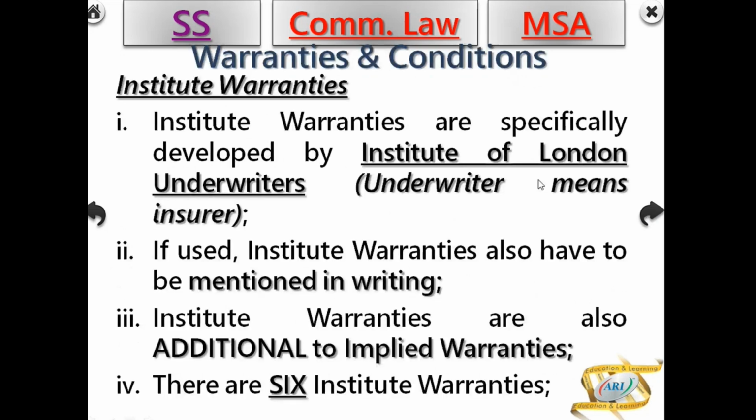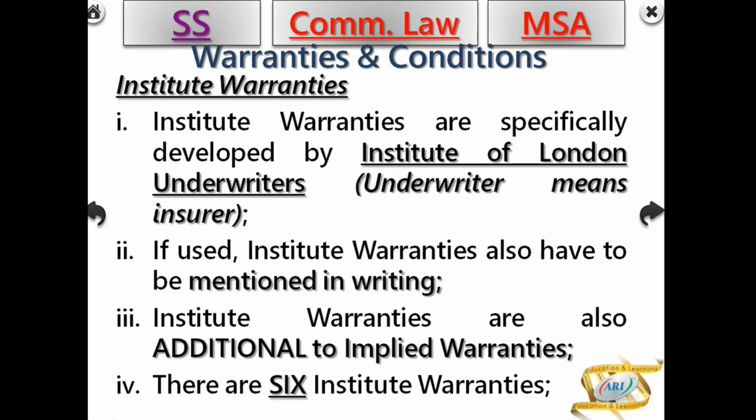Third type of warranty is institute warranty. They're very easy to understand. Why institute? Because there is a private body, like a union sort of, Institute of London Underwriters, headquarters at London. Underwriter means any insurer, marine, medical, car, fire, any insurer.